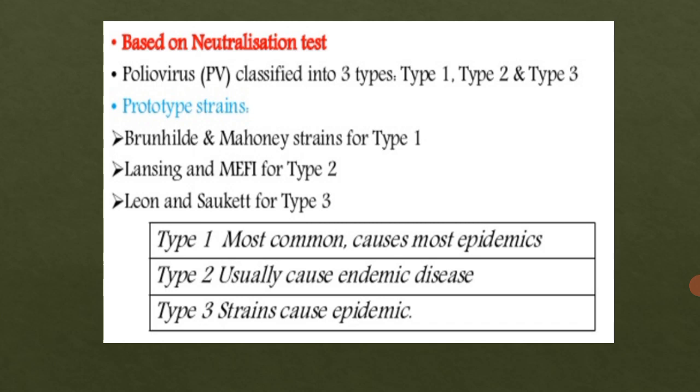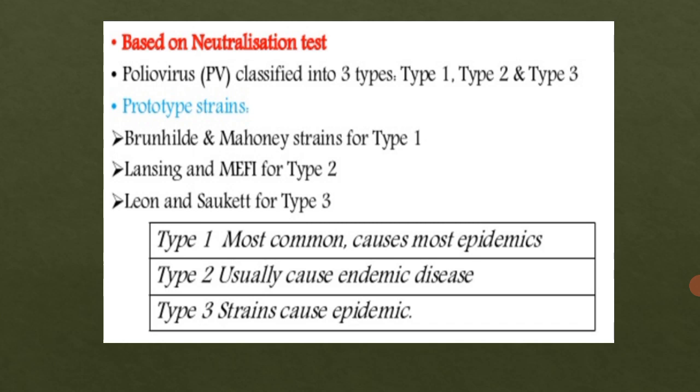Pandemic means the whole world gets infected by that disease, virus or pathogen. Type 2 usually causes endemic diseases, and type 3 also causes epidemic diseases.